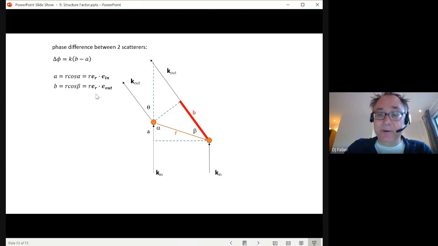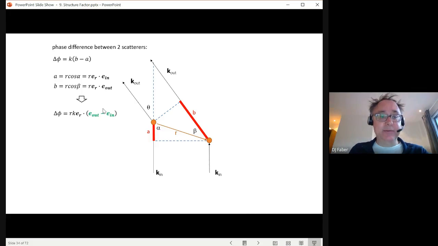We can do the same thing for the segment B. We define an angle beta between B and the vector R. There too, the length of B is R times cosine beta, and cosine beta can be written as the inner product of two unit vectors: e_r, again along R, and a unit vector along the outgoing wave vector.